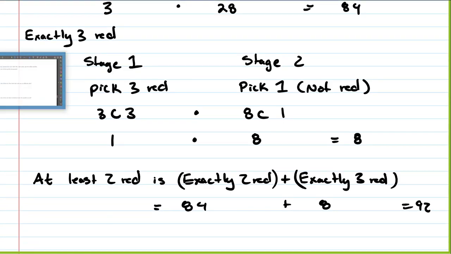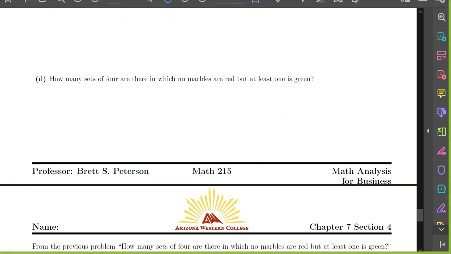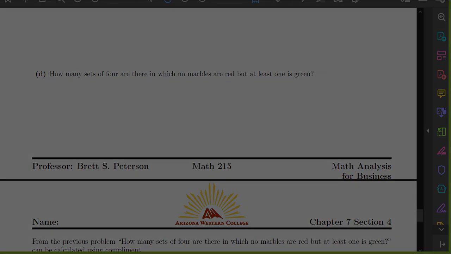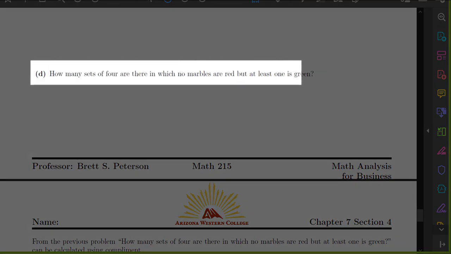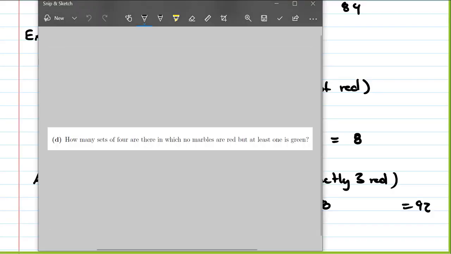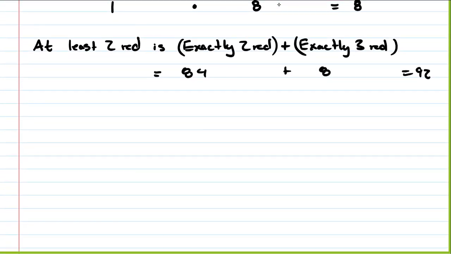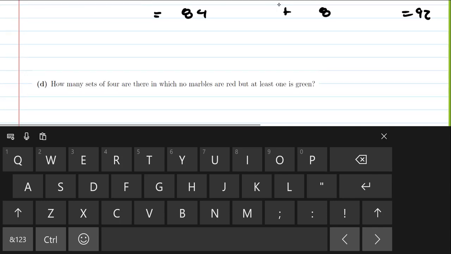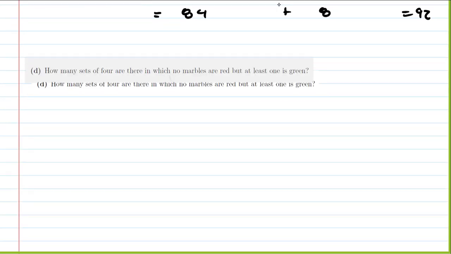There's a couple more on here. Our last one, D, reads as follows.